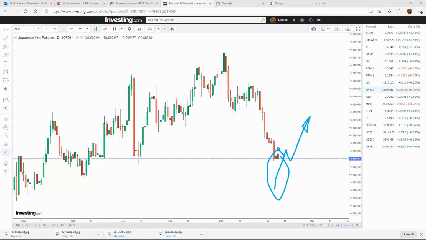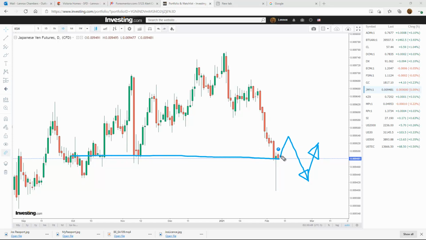However, we're looking at a weak US dollar, so if we get a weak US dollar, we might continue back down one more time before we get that move back up. Okay, so a little bit of a tough area right now. We could get, like I say, a quick push to the upside in the short term, but overall it still looks a little bit on the weak side here.